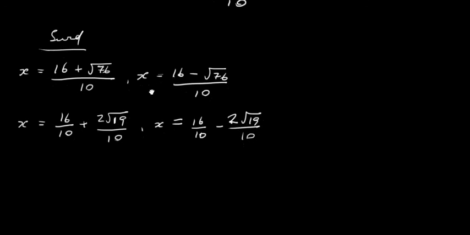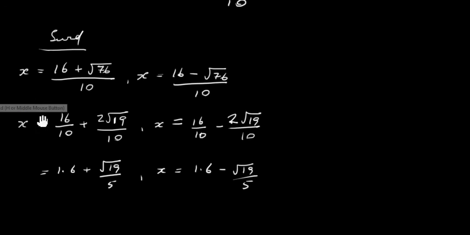Just to finish that off, you can divide this so you get 1.6, or you can just leave it as it is. So let's call it 1.6 here, and this would just become, well, 2 into 2 is 1, 2 into 10 is 5, so you just get square root 19 over 5. I've just divided the 2 into the 5 here. That's the same on this side. You get x is equal to 1.6 minus root 19 over 5.